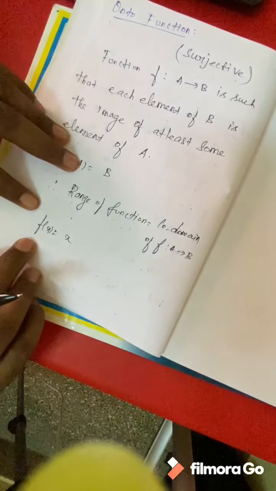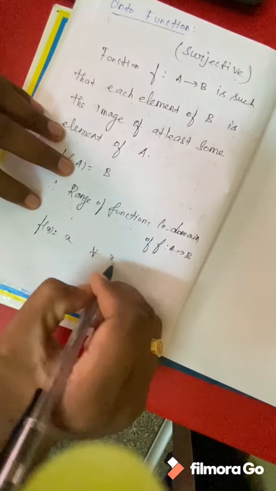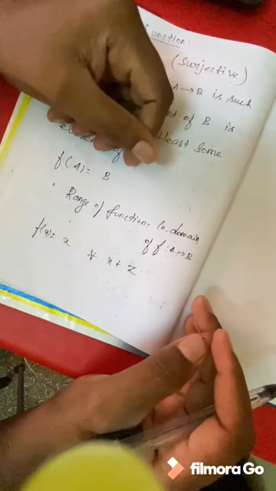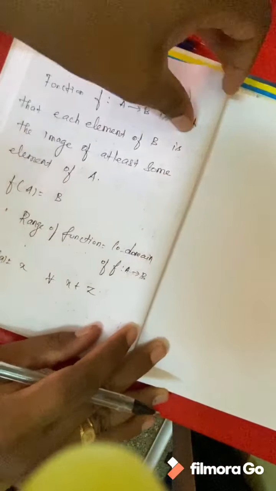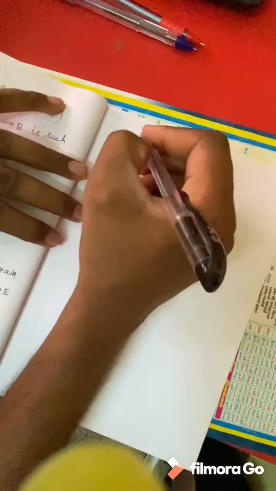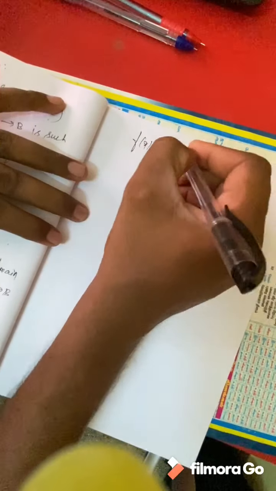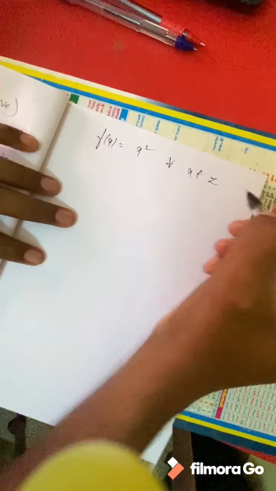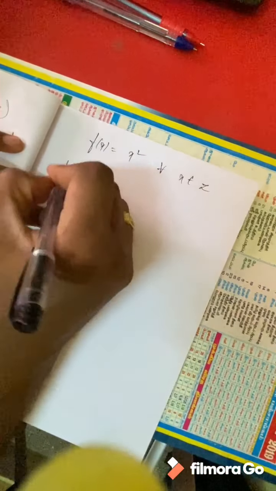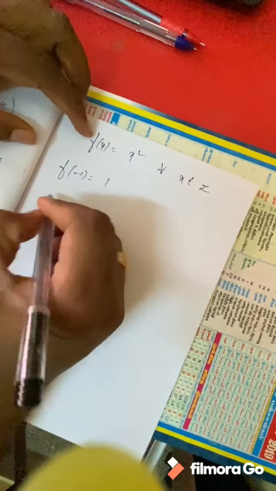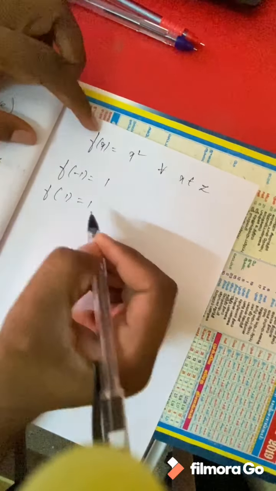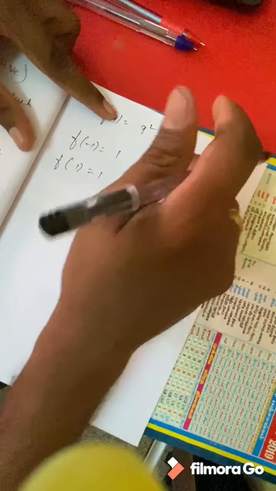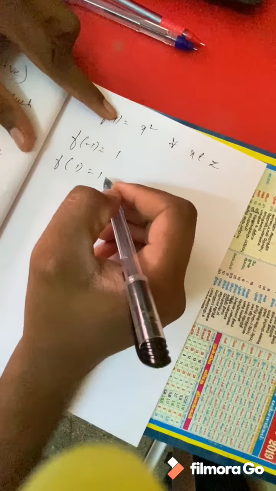One same example, f of x is equal to x, for all x belongs to Z or R, your wish, whatever it is. Suppose I am taking one more function, f of x is equal to x square for all x belongs to integers, right? So now f of minus 1 answer 1, f of 1 answer 1. That means in codomain only the positive numbers are mapped.